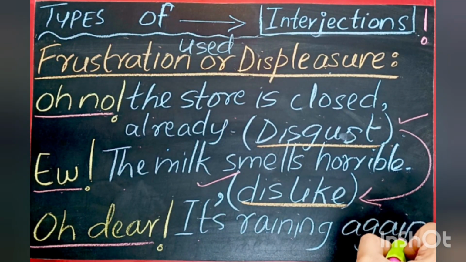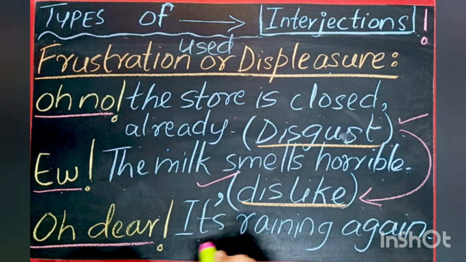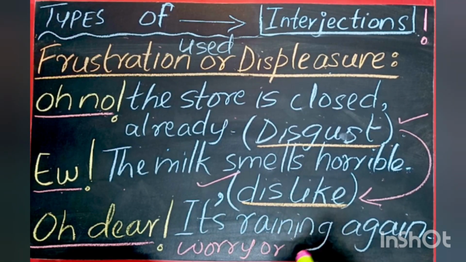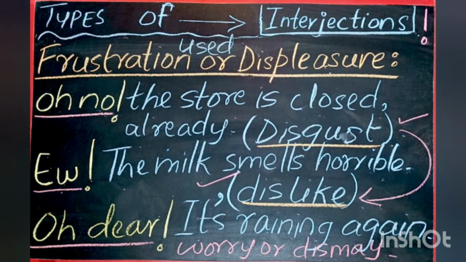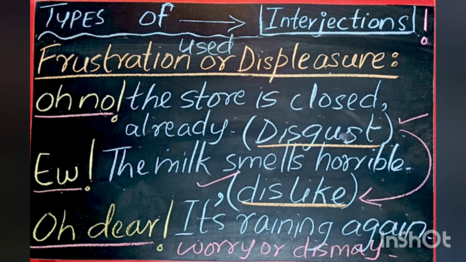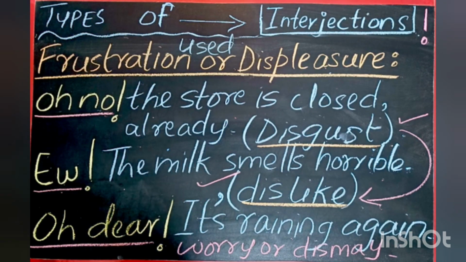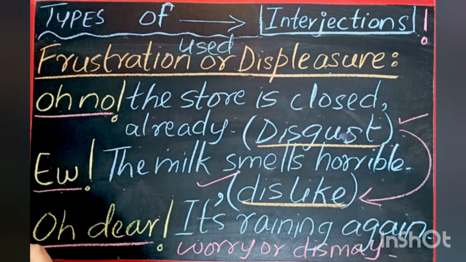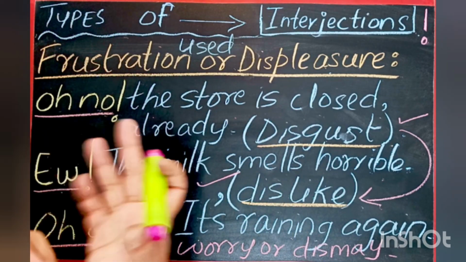Oh dear, it's raining again means I had to go somewhere, but it's a worry. Okay, a feeling of dismay or worry. So in the third sentence we are worrying about the rainy season outside.